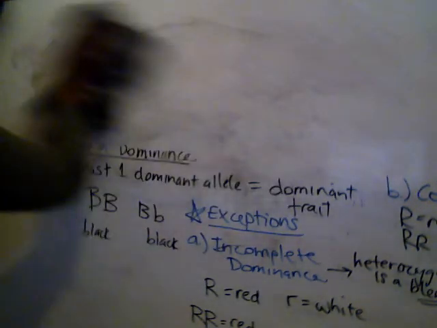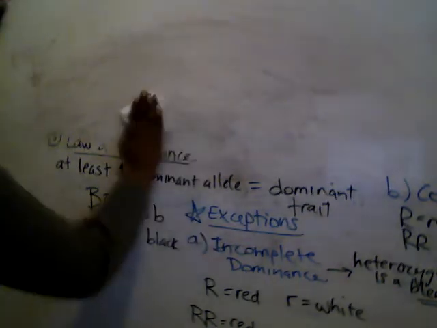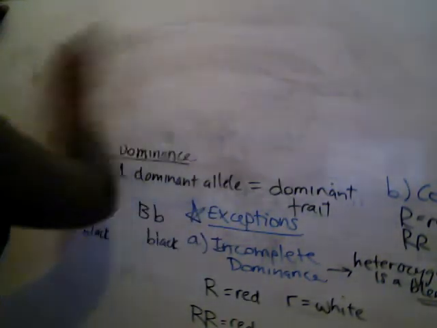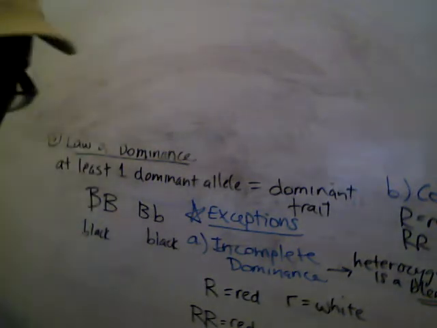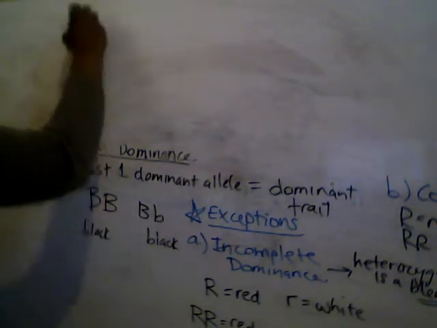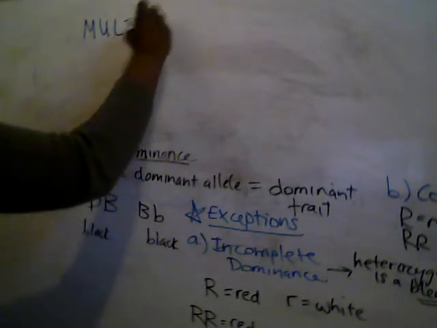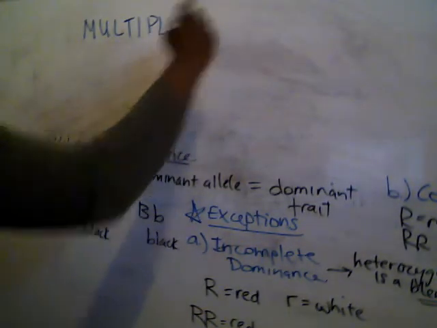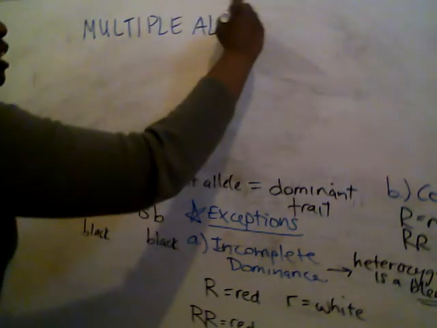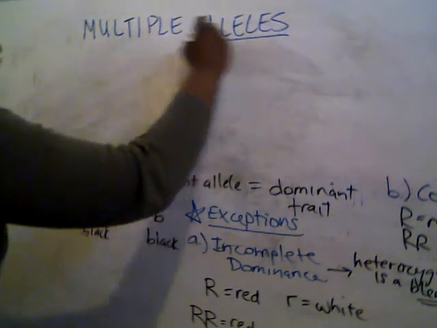So for multiple alleles, the only example we really have that you may have talked about is blood types or blood groups. Normally when we deal with alleles, alleles are kind of choices or options.